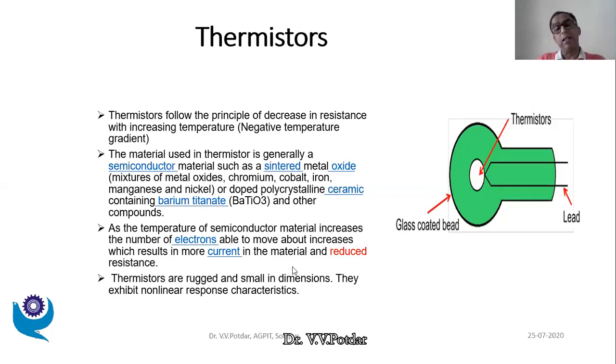Thermistors are rugged and small in dimensions. They exhibit, and this is a limitation, non-linear response characteristics. Let me reiterate what this non-linearity is. With increase in temperature, the resistance change that I get is not necessarily proportional throughout the entire range, but may follow a curvilinear path.